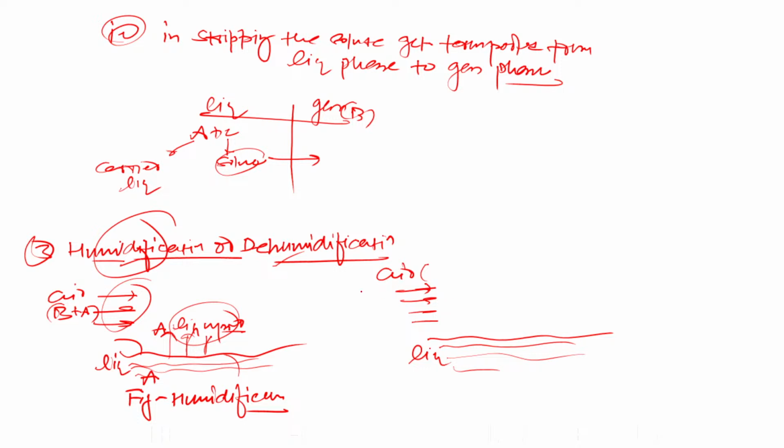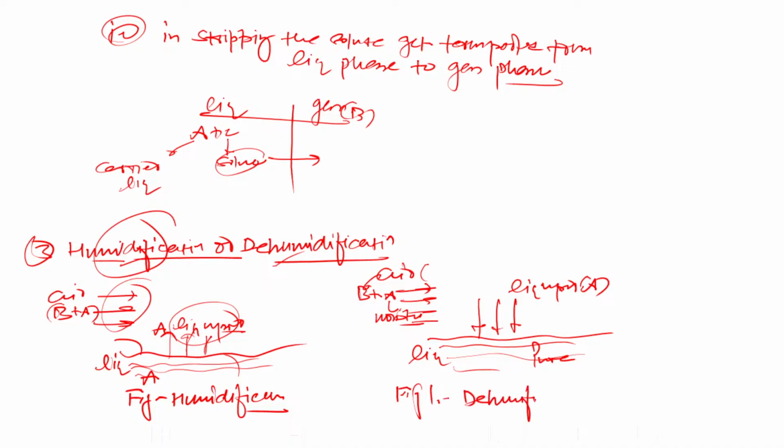If you reverse the process, where B plus A, B is air and A is the moisture or liquid vapor, when its direction is reversed, when liquid vapor, which is called A, gets transported from the gas mixture into its pure liquid state, that's called dehumidification.